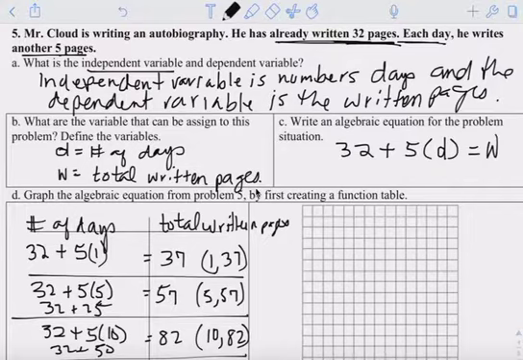Let's say 12 days. So 12 days, how many total pages? That's 60 plus 32, that's 92 pages.